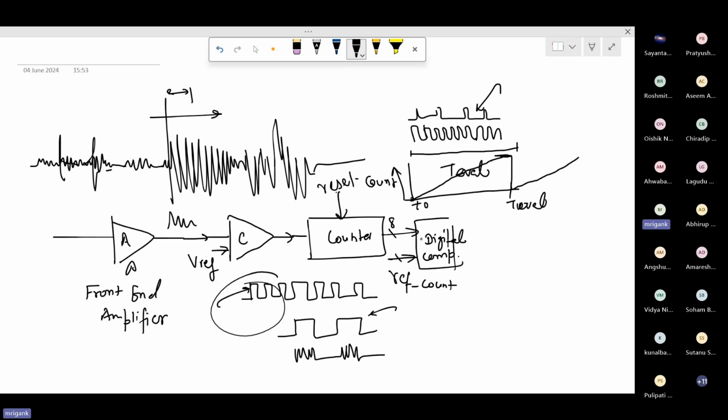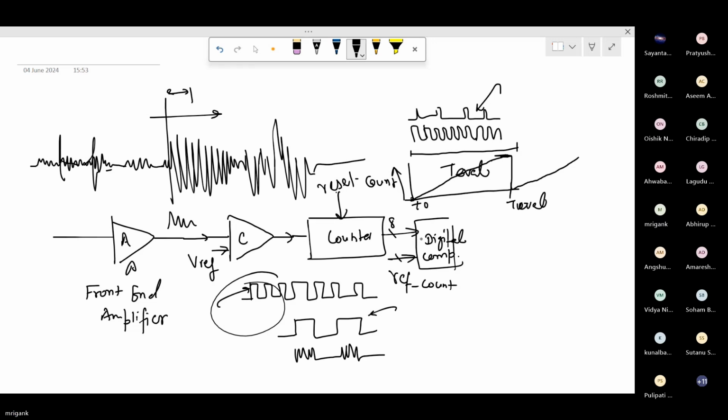So there are many parameters: the gain of the amplifier, the resolution of the comparator, maybe the counter, how many bits in the counter we will be needing, and the T eval that will be required. All these things are design parameters. And now, if you look at the counter bits, how many counter bits will we need?